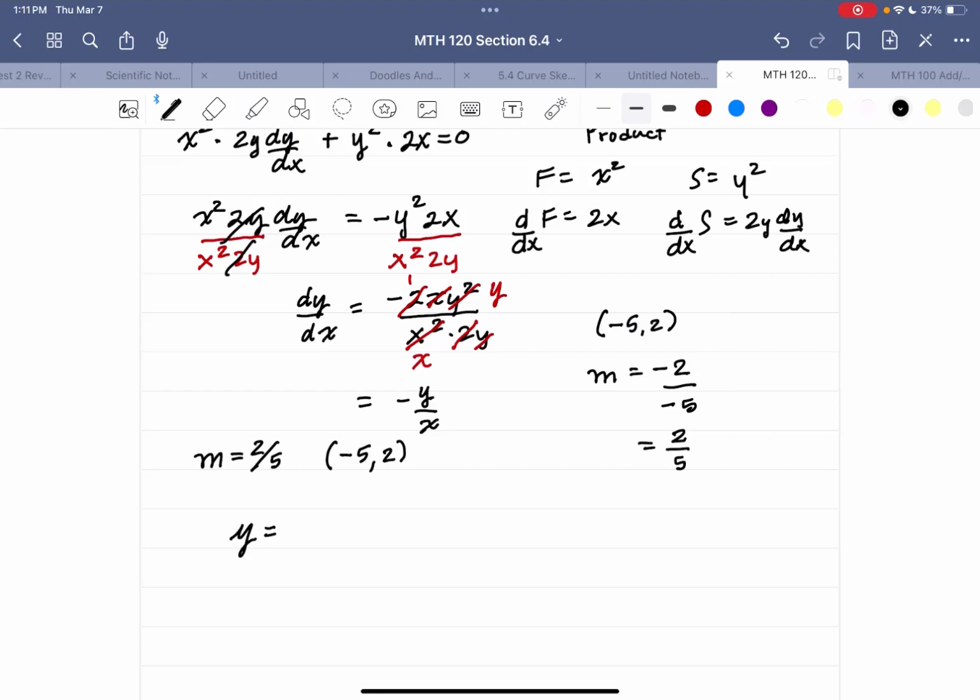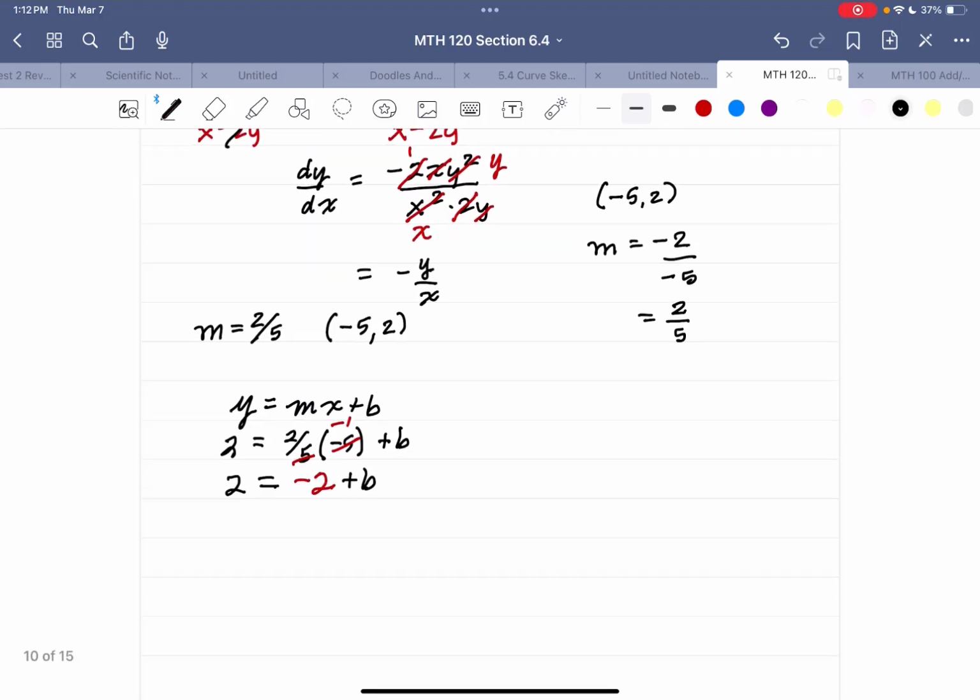So using y equals mx plus b, my y is 2, my m is 2/5, my x is negative 5 plus b, so 2 equals 5 into negative 5 is negative 1, so that's going to be negative 2 plus b. Add 2 to both sides, my b is 4.